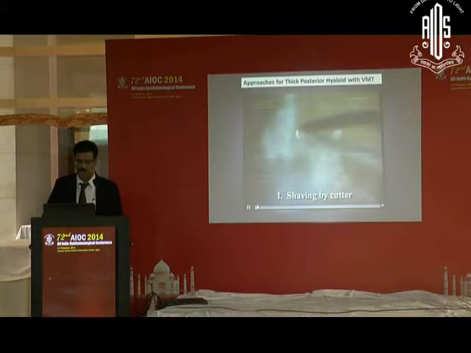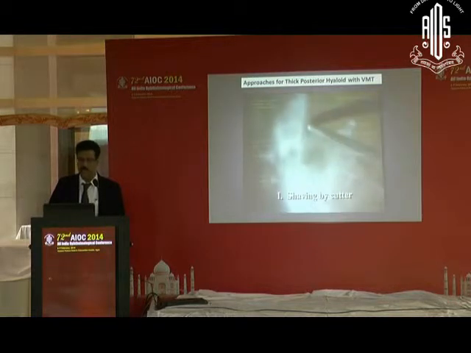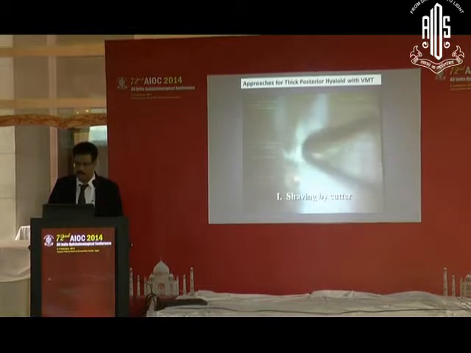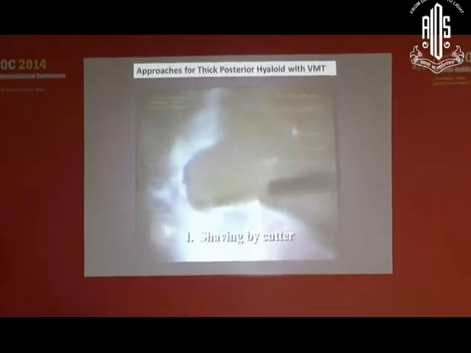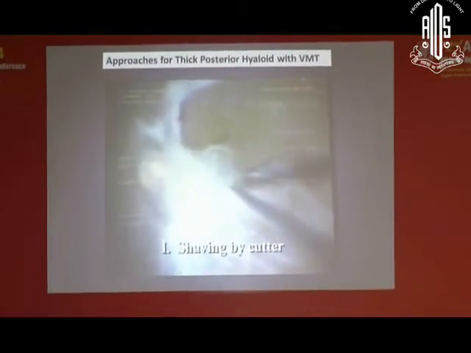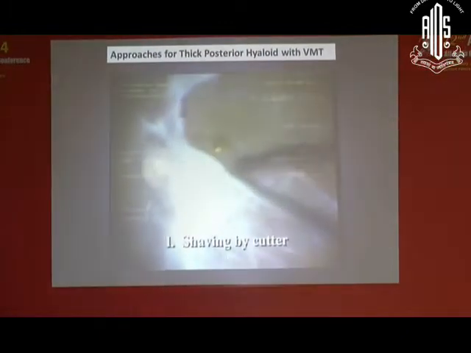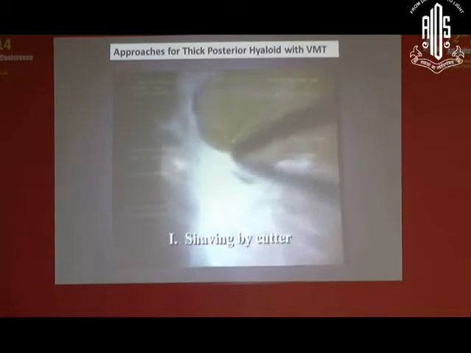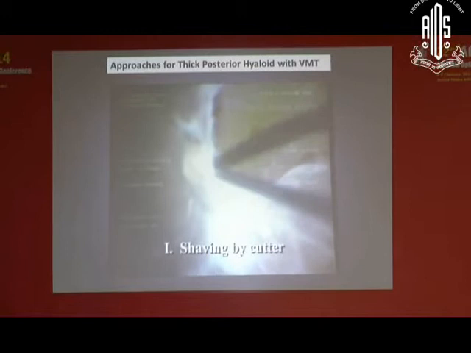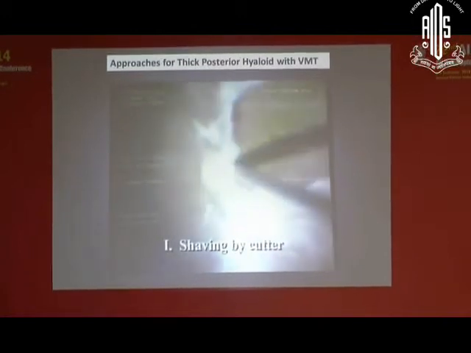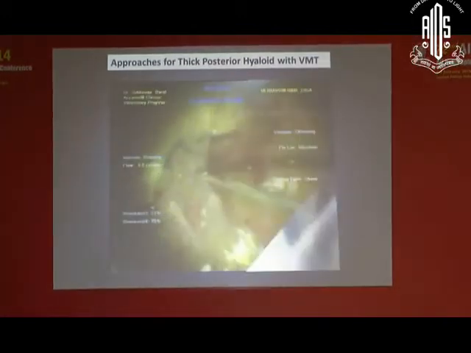So what are the approaches to deal with this kind of thick hyaloid phase, posterior hyaloid phase with VMD after doing a good vitrectomy? Just see there is a lot of fibrous proliferation parallel to the retina, and with the help of a modern cutter, you can go very close to the retina. With the shaving mode, you can shave the whole fibrous membrane because the vascular part is not there. That's why the chance of bleeding is less.